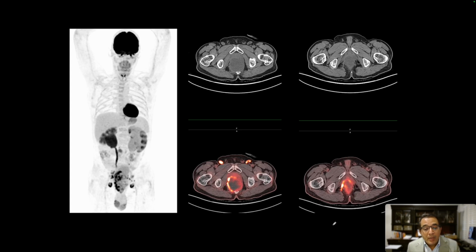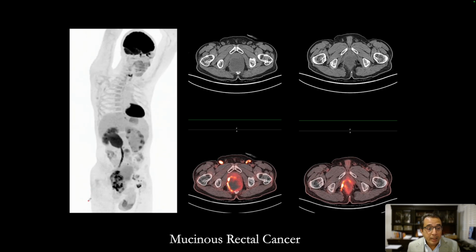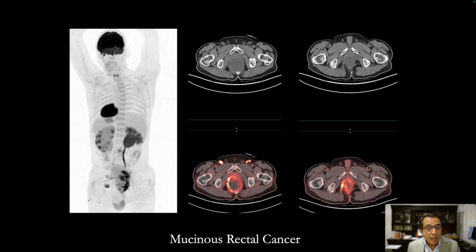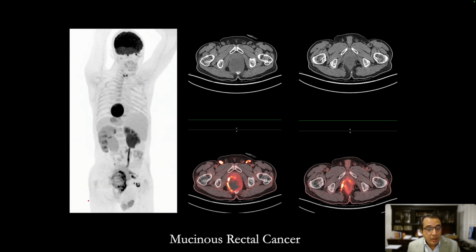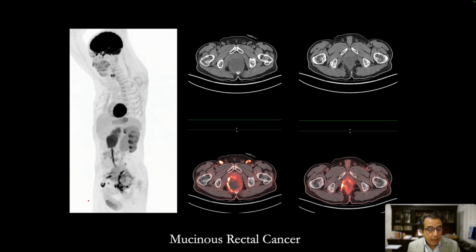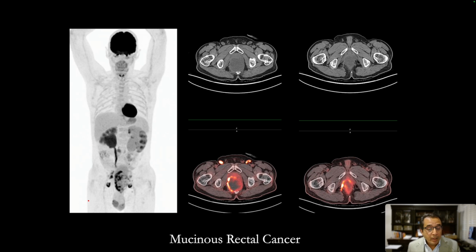Let's look at FDG PET CT in this patient. So we have the rotating image on the left. This was acquired to stage the tumor, and we see enlarged kidneys on both sides. We see the tumor, and so let's take a look at this CT image and the corresponding fused PET CT image. There is focal hypermetabolism seen in bilateral inguinal lymph nodes, and this is metastatic because the tumor is a low rectal tumor.